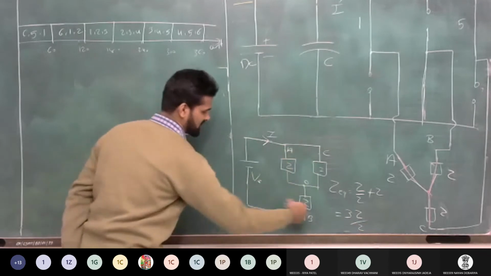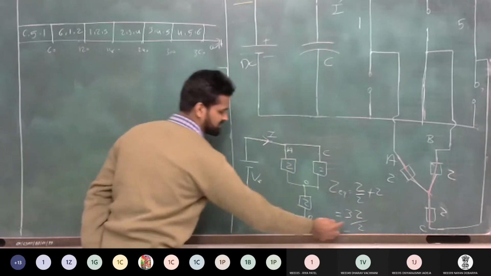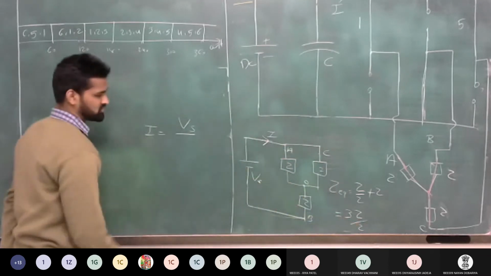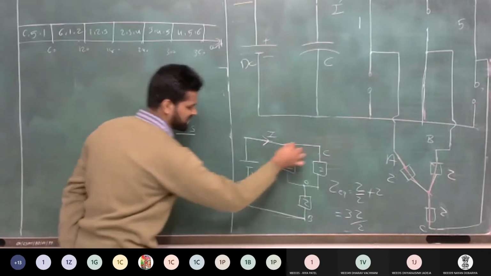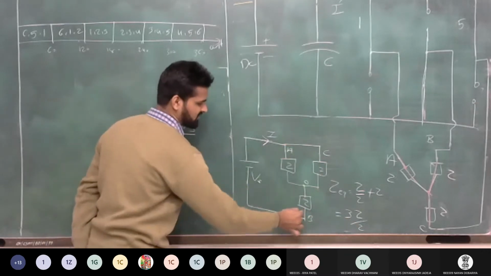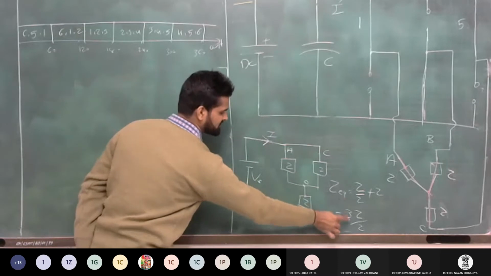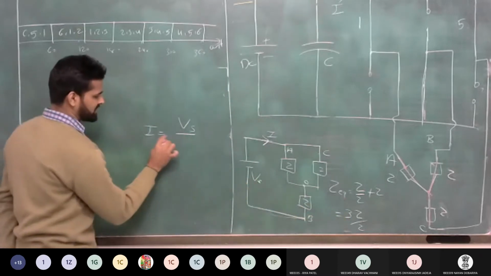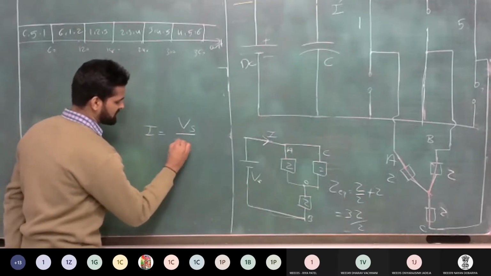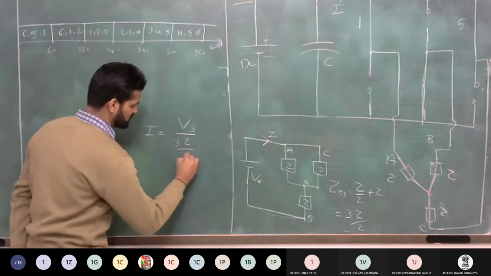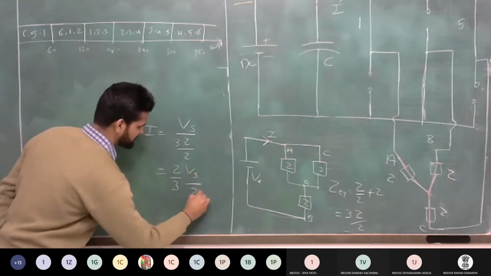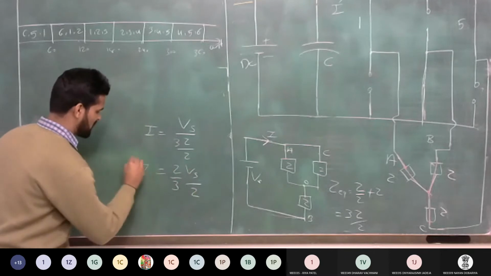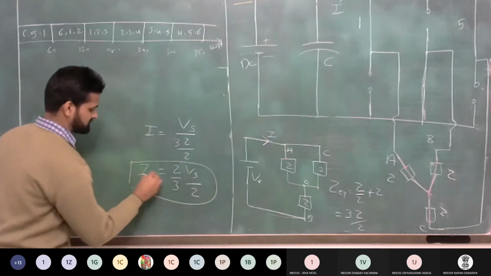So the equivalent impedance of this circuit diagram is 3Z divided by 2. So total supply current I is equal to supply voltage Vs divided by the whole circuit equivalent impedance, 3Z by 2. So I is equal to Vs divided by 3Z by 2, which means it is 2 by 3 Vs by Z. This is the value of your supply current.